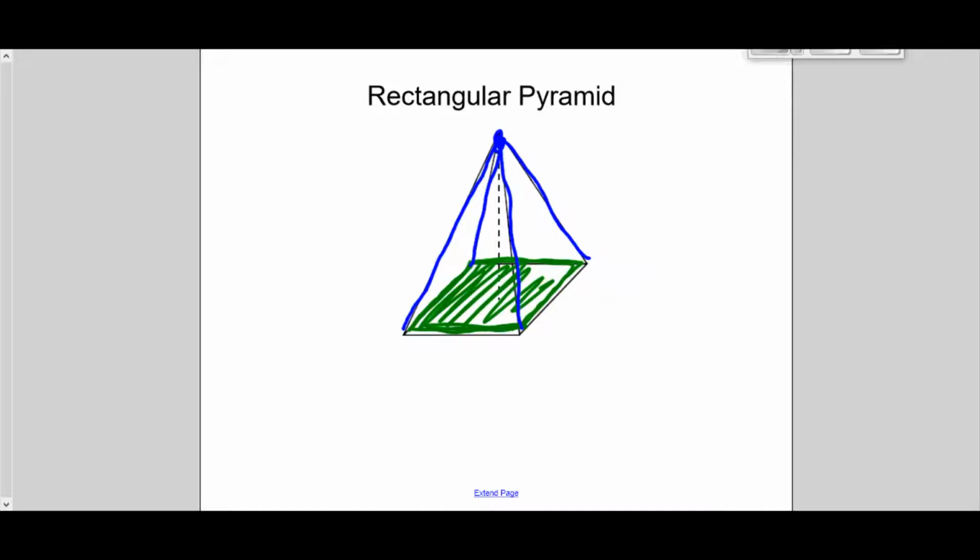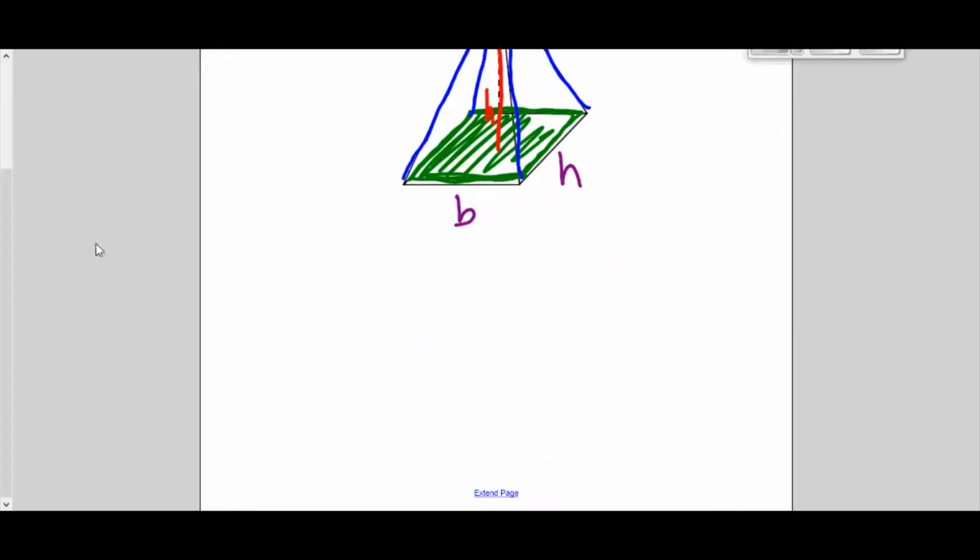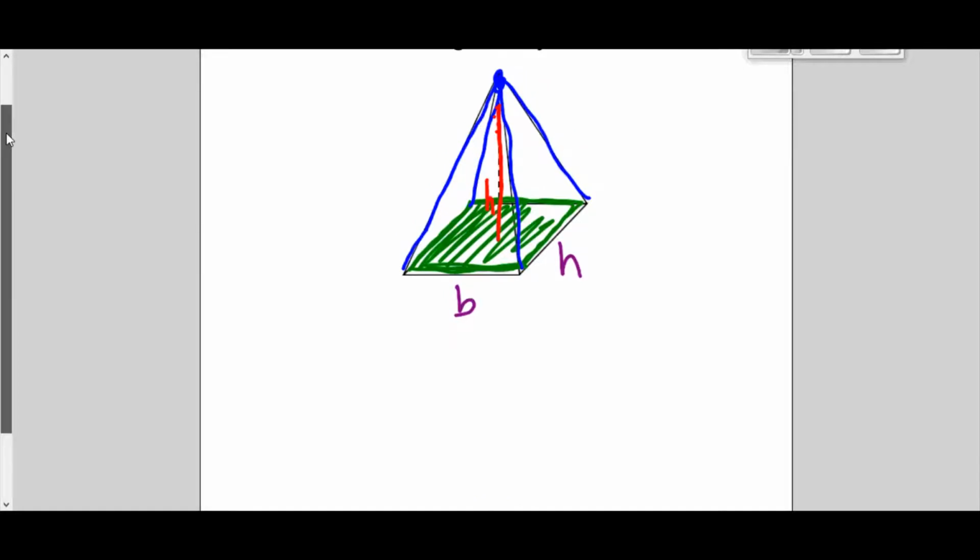So for the volume formula that we're going to use, we're still going to use the base and the height. And we're still going to use this additional height inside. So the height here is this dotted line on the inside. So this red line is the height of the pyramid. So that's the distance from the base of the pyramid to the tip of the pyramid. So that's the height.